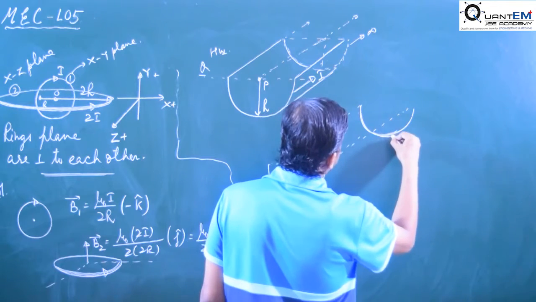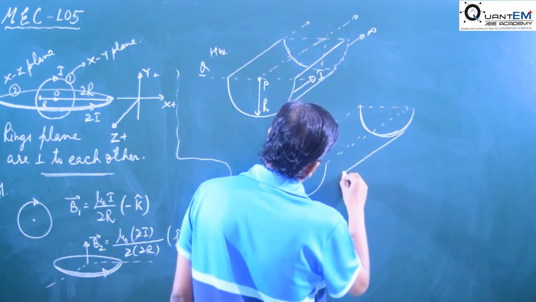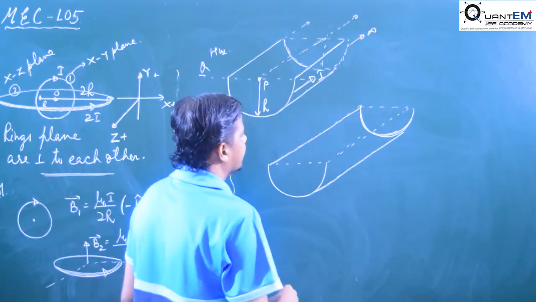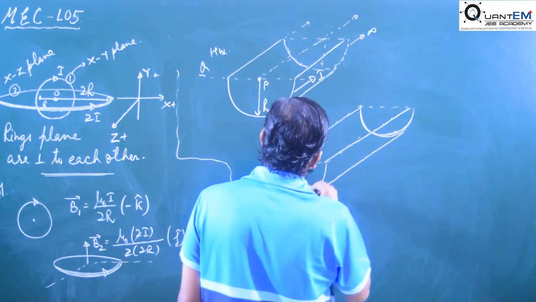The circular section we have. This conductor has a semicircular cross section, and this conductor is of infinite length.